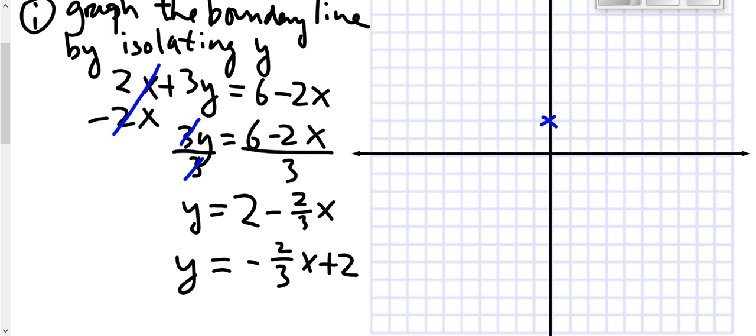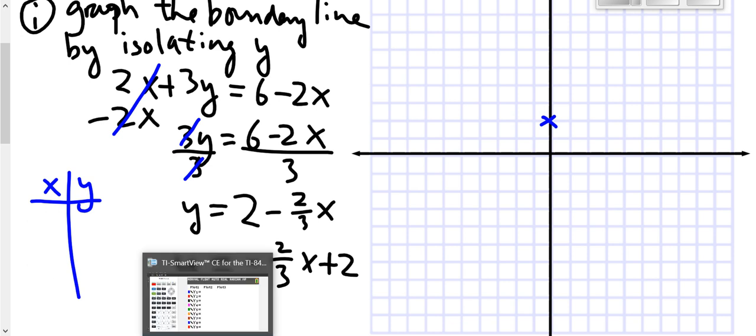Alright, so we do need more points, so there are two options. First option is you set up a table of values, x and y, plug in different values of x, then you have different values of y. That's one way. Or if you can quickly plot this on your graphing calculator. Okay, so let's do it this way.